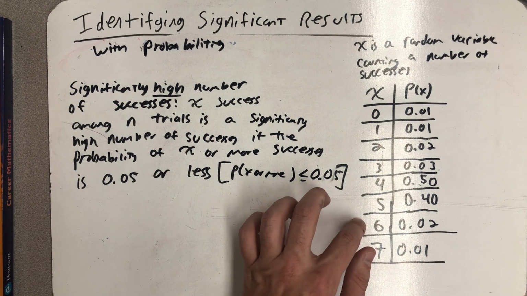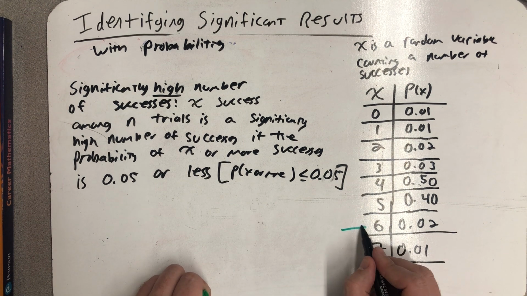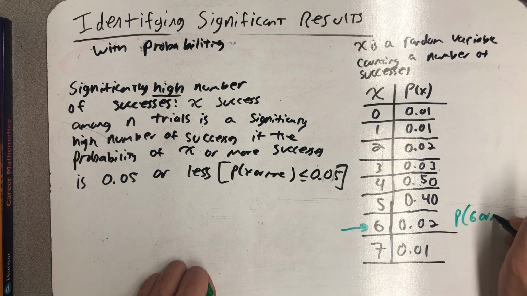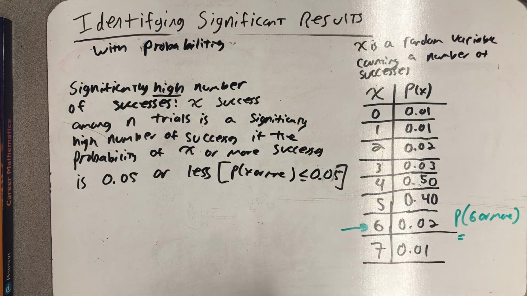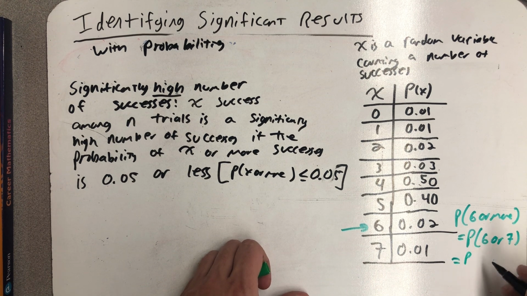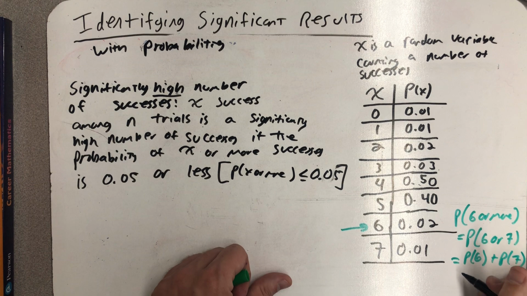So if I look at 6 here, and I want to calculate the probability of 6 or more, well, in this data set, 6 or more would just be 6 or 7. Well, that's an or probability, and they don't overlap. So I can just add the probability of 6 and the probability of 7, right?